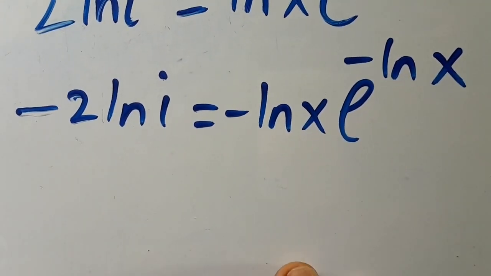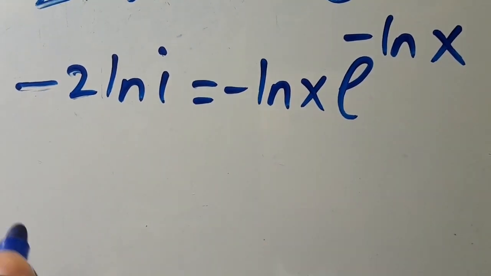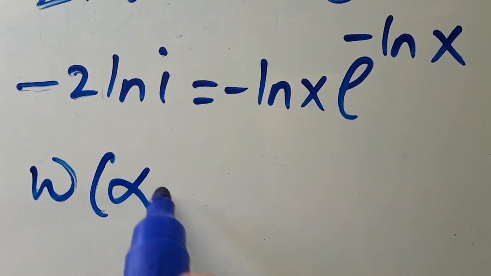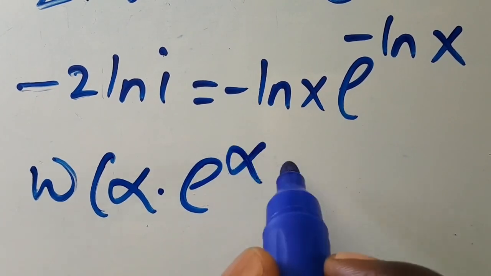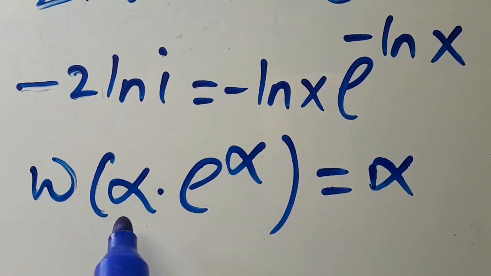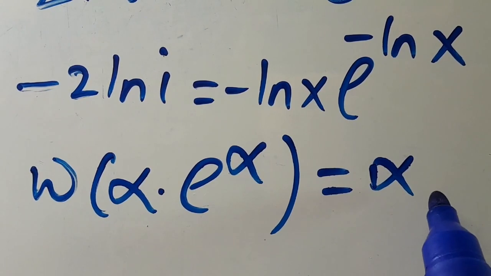Then let us recall the Lambert W function, which says that when you have the Lambert W function of alpha, multiplied by e to the power of alpha, the output will be equal to alpha. Why? Because the base and the power are the same, so the output will be either of the one.